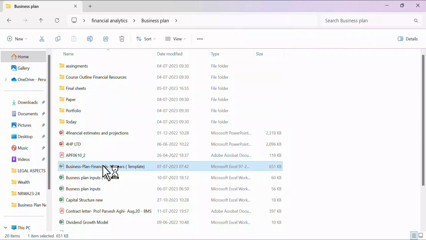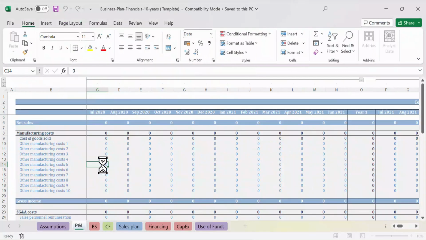This is the template. So I'll just share the template with you. Template मैंने share करा आपके साथ नहीं? Okay, I'm just going to share the template.